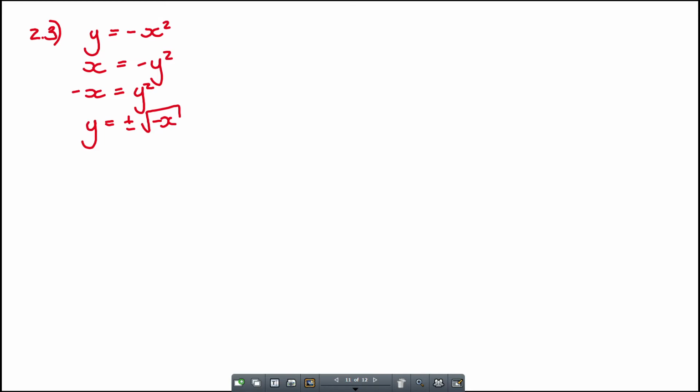Okay, nou 2.4. Sê hulle vir my gee 'n rede waarom die inverse van f nie 'n funksie is nie en plaas 'n beperking op die definisieversameling van die oorspronklike van f sodat die inverse 'n funksie sal wees. Okay, now f was a parabola, nee?